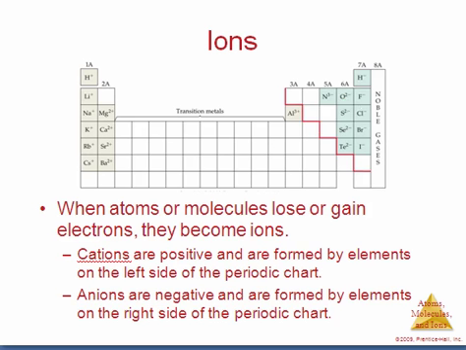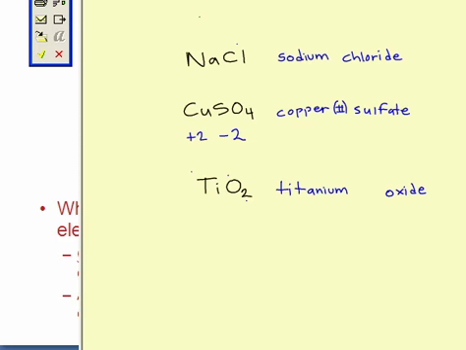Oxygen is 2 columns away from the noble gases, so it's going to have a -2 charge. So our titanium oxide has 2 oxides, so that is a total of -4. So therefore, my titanium must have a +4 charge on it to cancel it out.